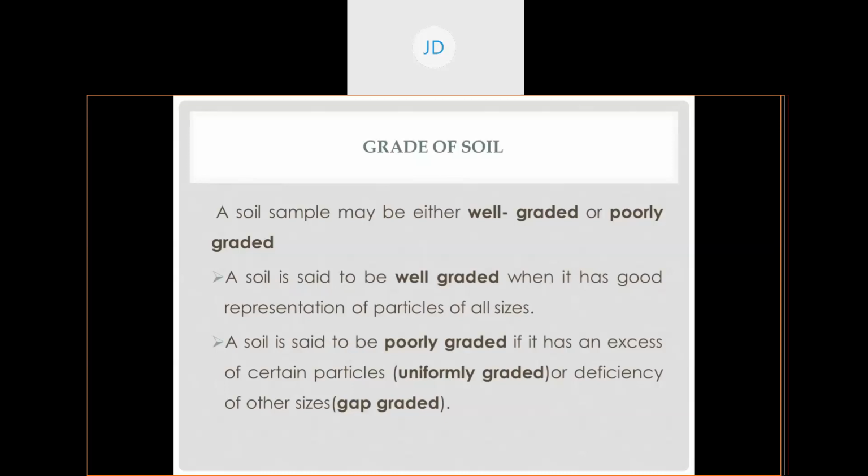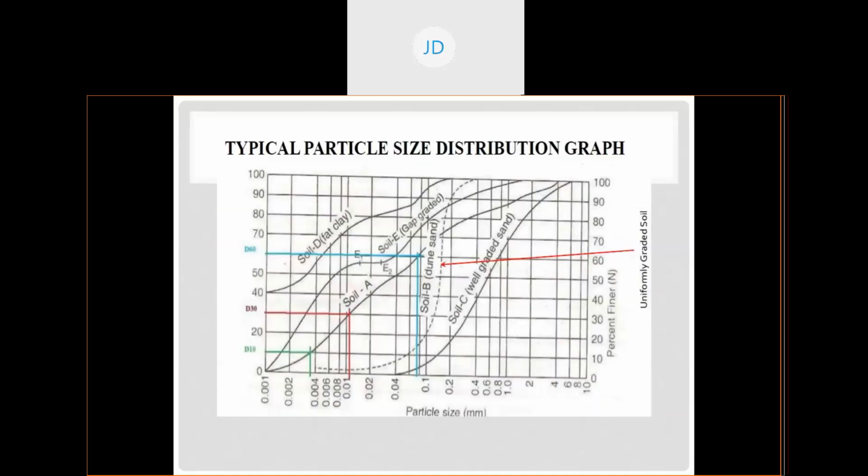Now particle size distribution is the main term that we are going to understand. This is your particle size distribution curve. You need to find out the percentage of different sizes of particles present in your soil sample, and it can be represented by this particle size distribution curve.